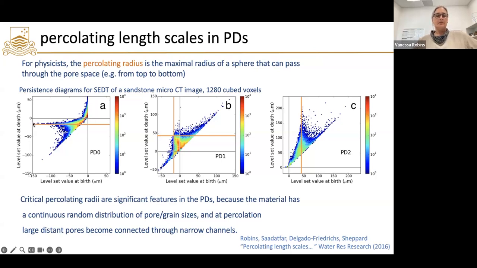And so that's the pore phase percolation in PD0, and the grain phase percolation is showing up in PD2. We see a grain phase percolation because if we're looking at a sandstone, it's made up of little sand grains that have undergone a lot of heat and pressure and fused together.